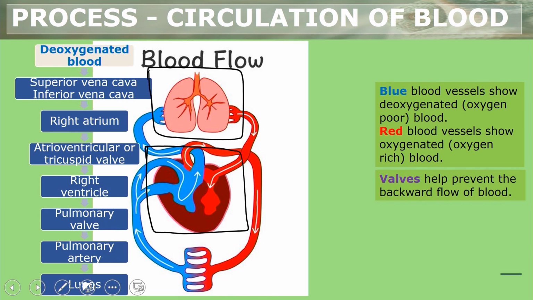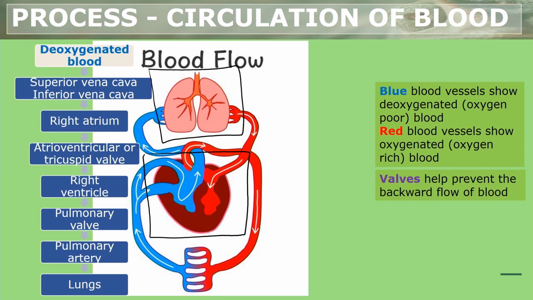Okay, firstly, we have deoxygenated blood in the blue blood vessels, and we will be looking at how deoxygenated blood from the lower part of the body, meaning from your legs, your kidneys, and other parts that are below your body, brings blood into the heart.